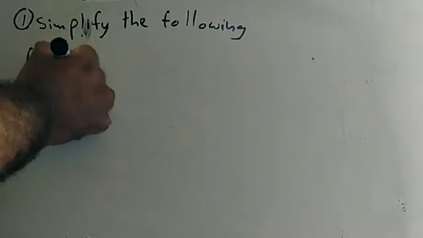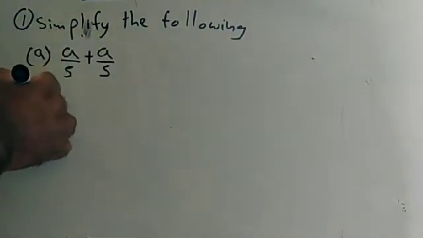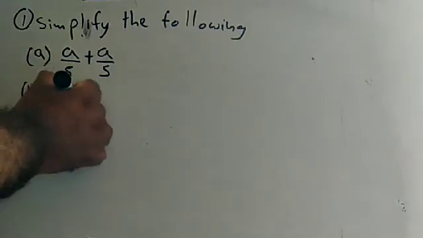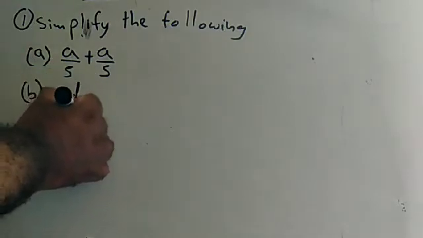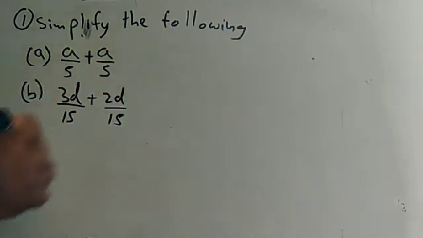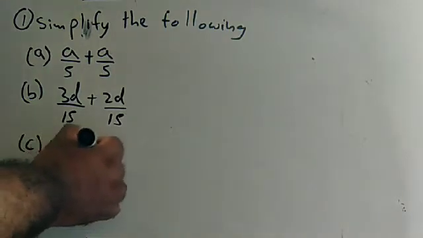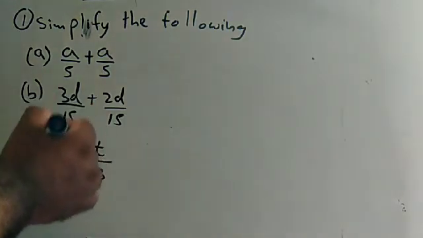A: a/5 + a/5. B: 3d/15 + 2d/15. C: 2t/3 - t/3. Right?